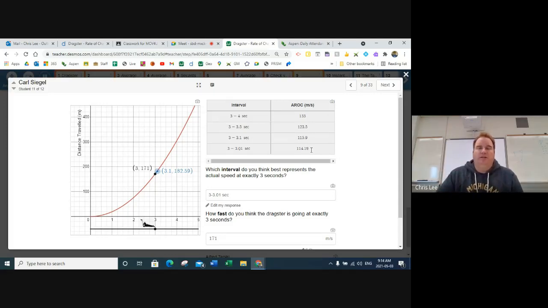So what we need to do then is make a guess that the actual steepness of the curve at that point is 114, maybe 100, exactly 114 meters per second. I don't know, it's getting closer. Maybe it's 114.1. We're not sure.